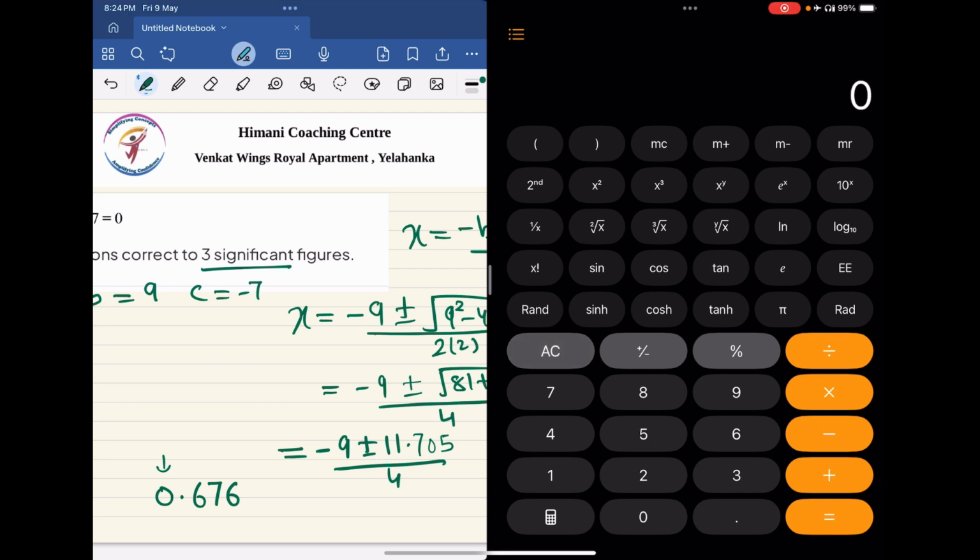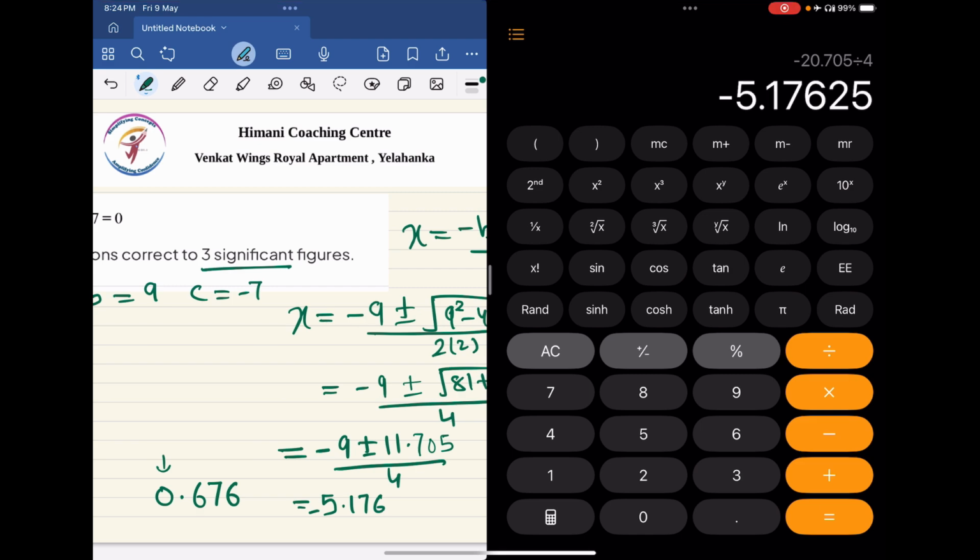Now what would be the other answer? It will be minus 9 minus 11.705, and that gets divided by 4, and we get minus 5.176. Okay, now see the answer. So let me write this down, minus 5.176.